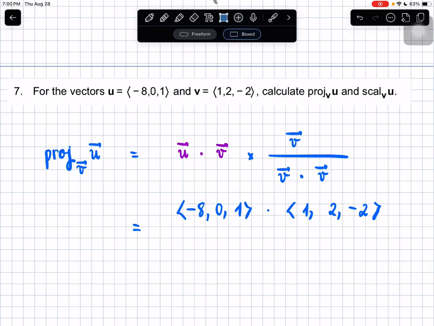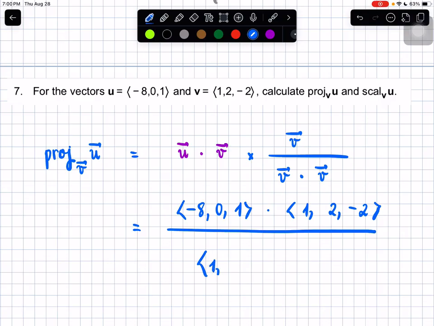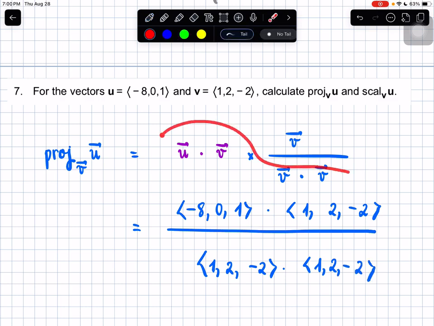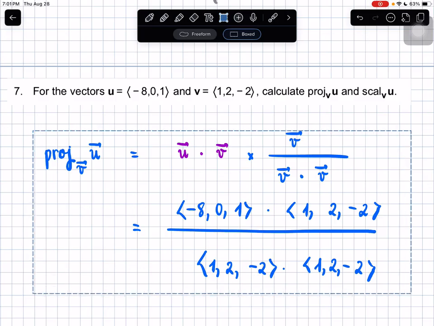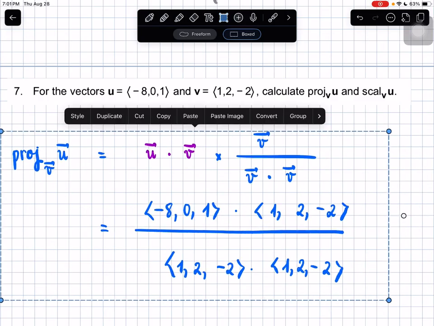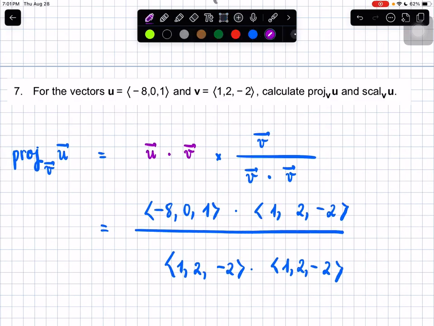So this is the first term, u dot v divided by v dot v. So (1, 2, -2) dot itself, (1, 2, -2). So I have all of the scalar outside here, and vector v. The scalar multiplies with vector v, (1, 2, -2).